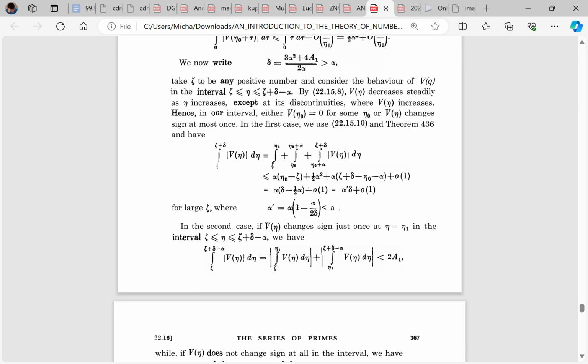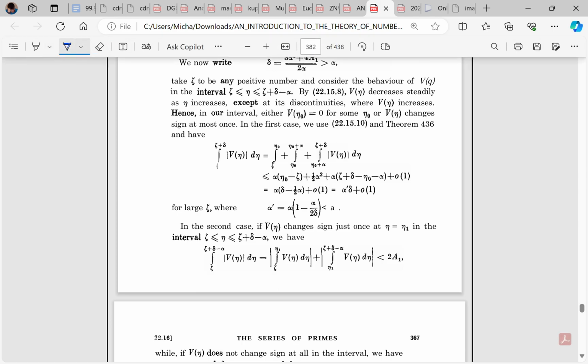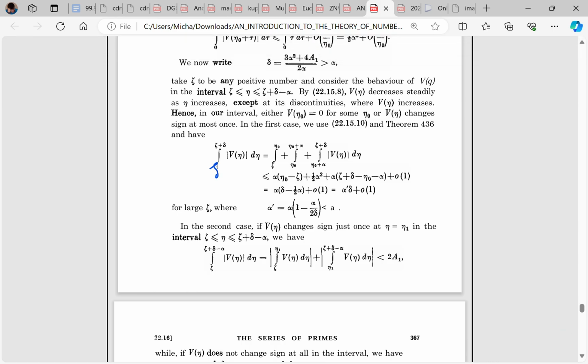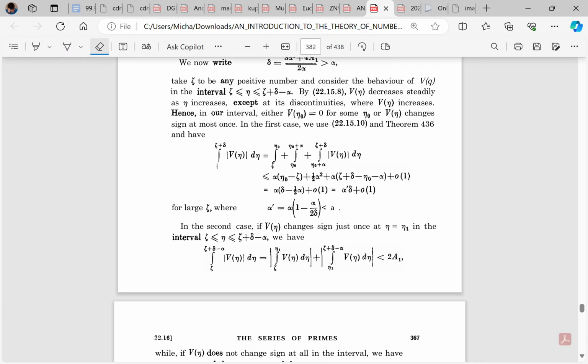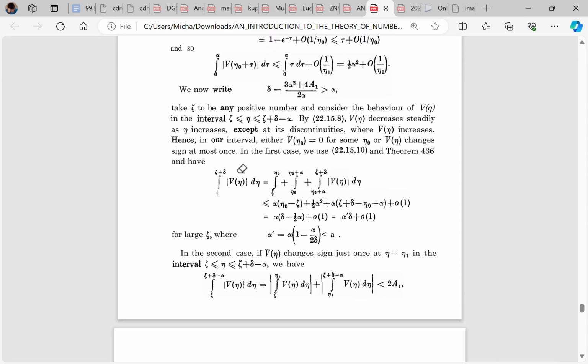So in these intervals, is it true for any interval? So either there's something where it goes to 0 or just, yeah, and there's lots of typos here as well. And then this is zeta to zeta plus delta.